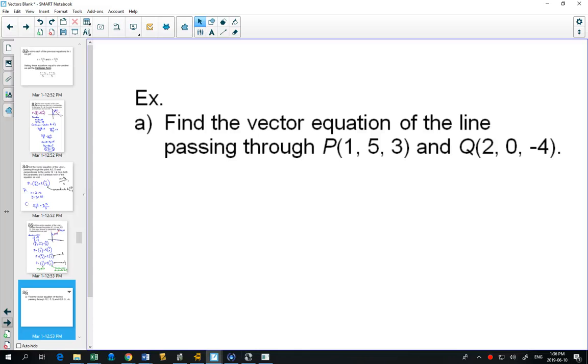And now we can go to 3 dimensions. The idea is the same. In 3 dimensions, we have a point to start with, and we need a direction vector.